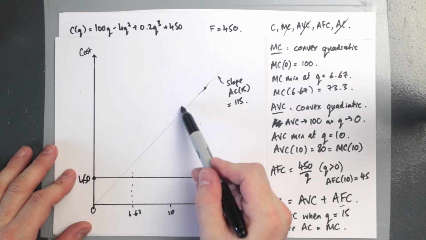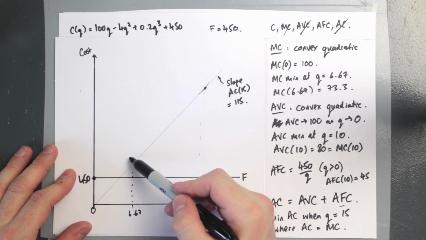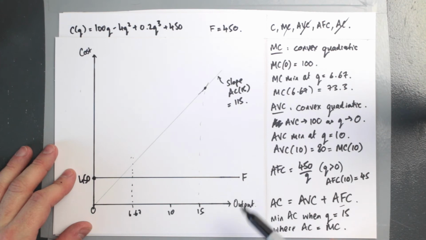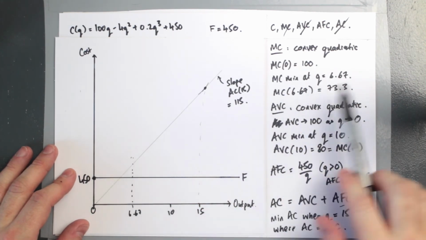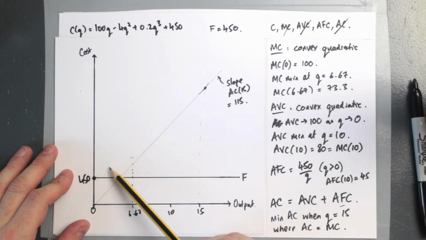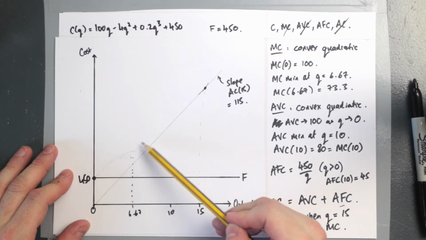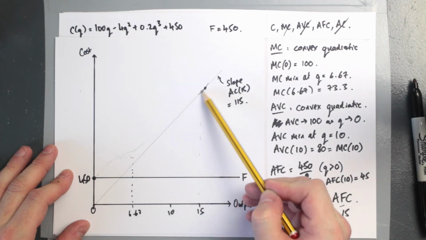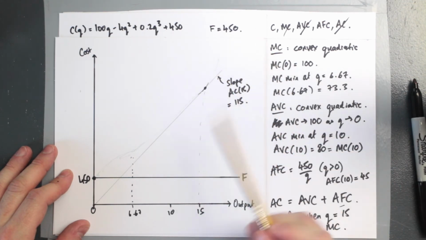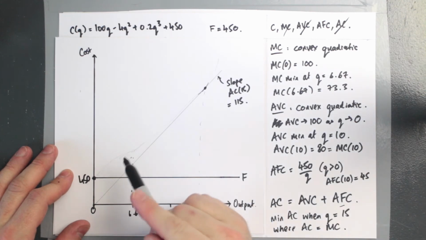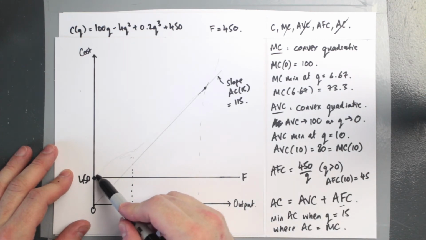Then it's going to switch to increasing and convex at this point. So if I try to incorporate all of that, I'll start with pencil. So increasing and concave up to this point, where it switches to increasing and convex, and then tangent here.